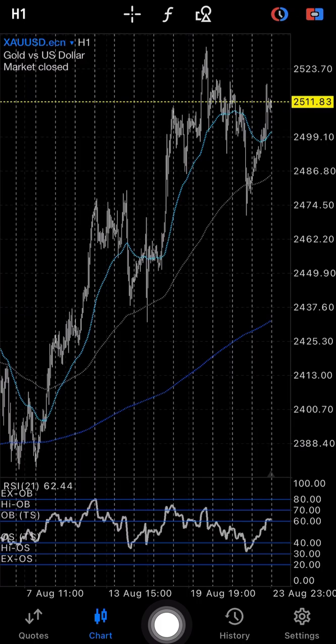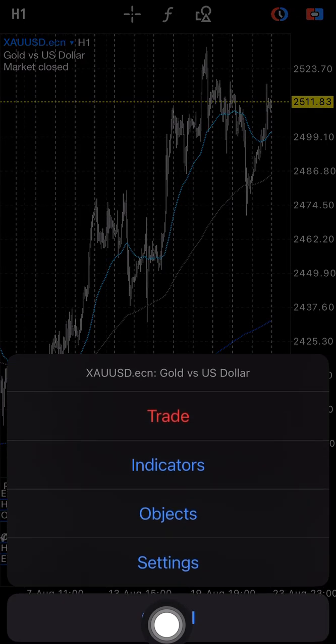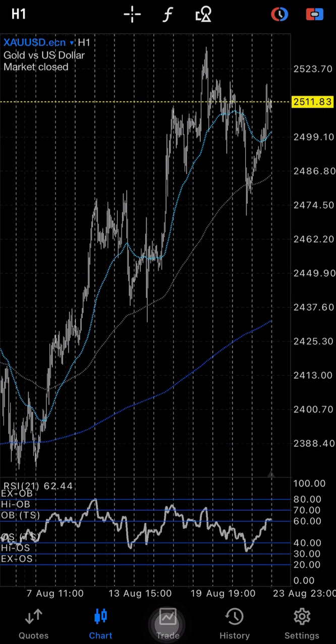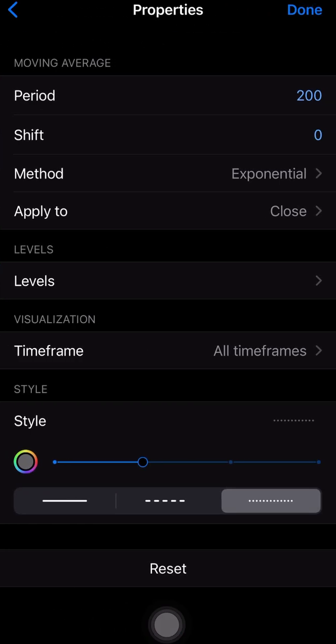So boom, we have the 800. Click indicators one more time. So we have the 800, the 200, which is gray, of course very strong, but not as strong of an indicator as the 800.